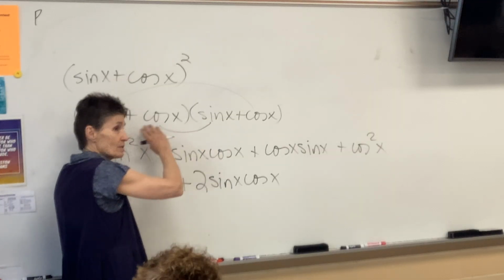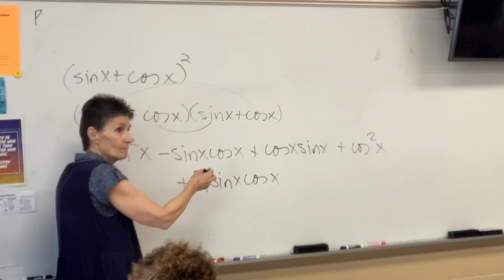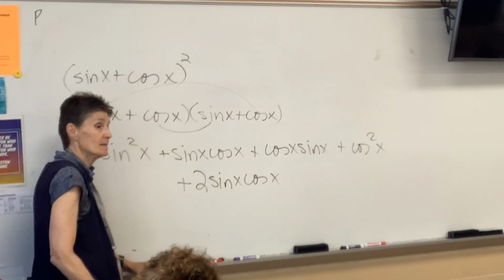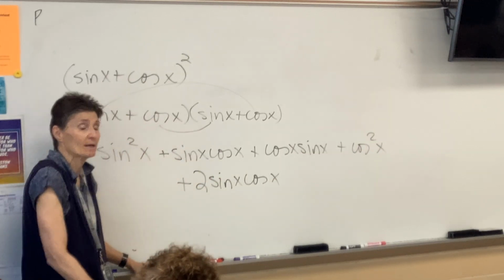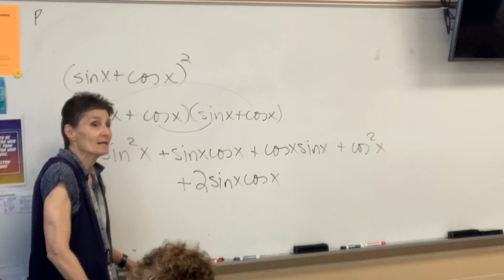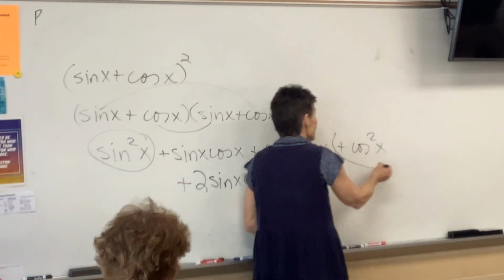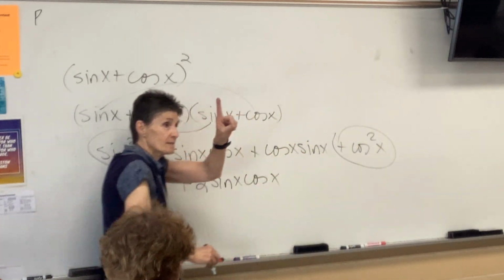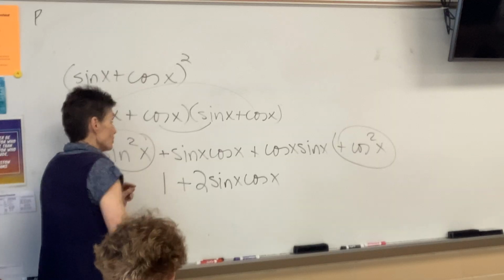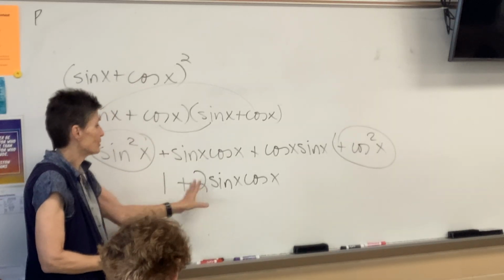There's no negatives in this problem, but if this one had been a minus, then they would cancel. But as it is, they're like quantities, so I add them together. Yes, Kyle? Make the sine and cosine one. Exactly. Sine squared plus cosine squared is 1. So this one boils down to 1 plus 2 sine cosine.